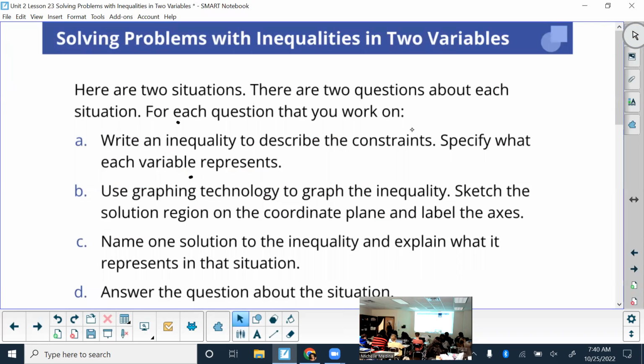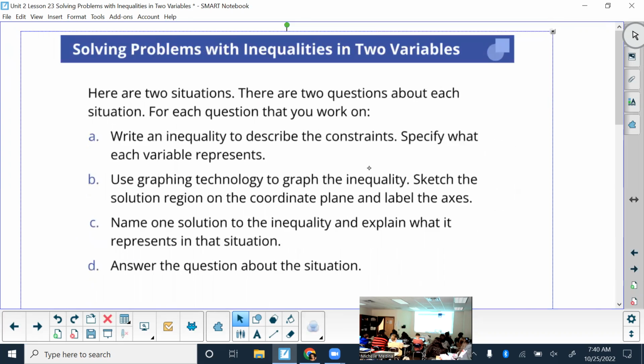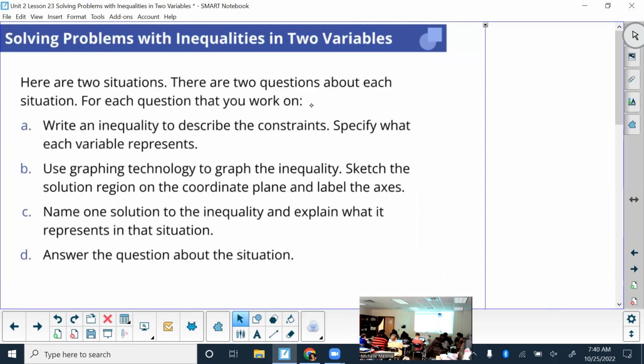What are constraints? Kind of like limits, right? Like you can't spend more than $3,000 or things like that. Write an inequality to describe the constraints, and specify what each variable represents.